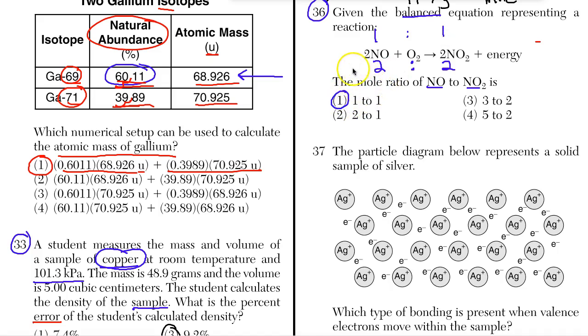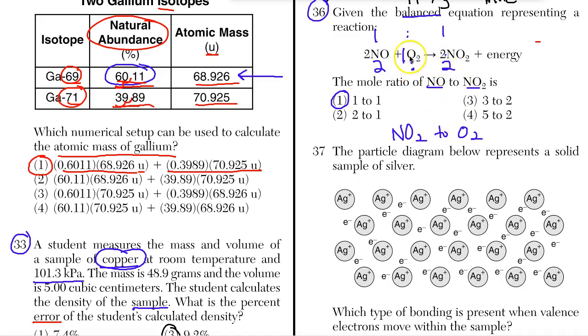Be careful. They could have been nasty and said the ratio of, let's say, NO2 to O2. And a lot of people would say, oh, there's nothing in front here, so that implies a 1, 1 to 2. And some people would put 1 to 2 if they asked that question, because they like to read left to right.